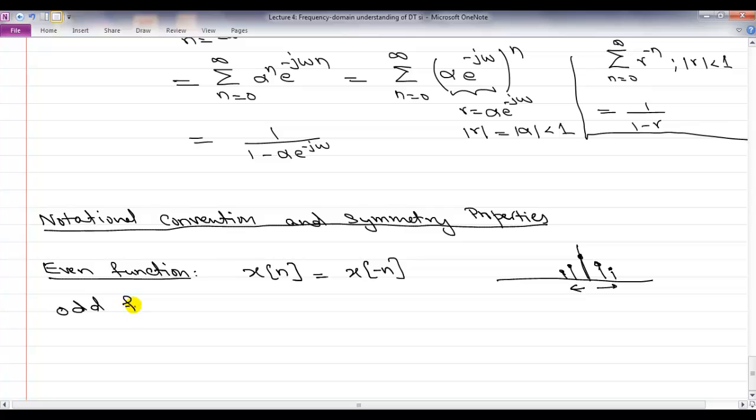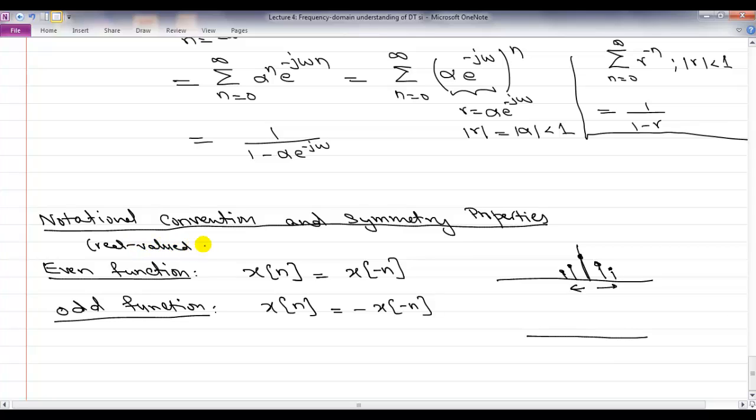There is a definition of an odd function, which is that x[n] equal to minus x[minus n], which you can think of as reflection around the origin. All of this, even and odd functions, are defined for real valued functions or sequences.